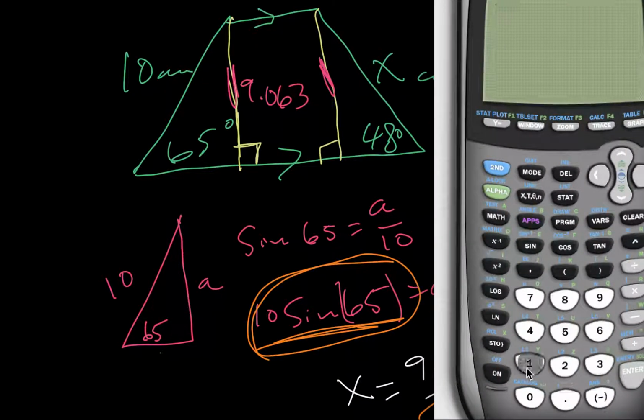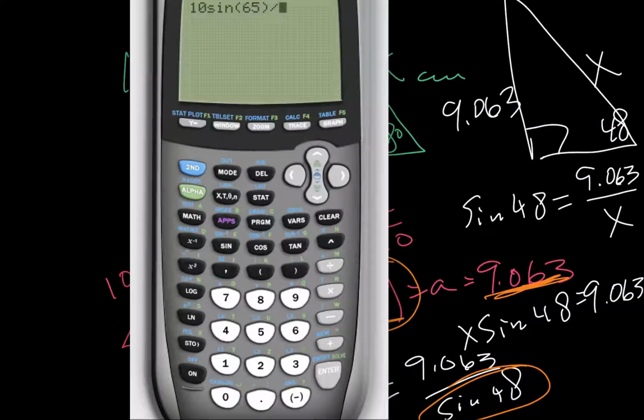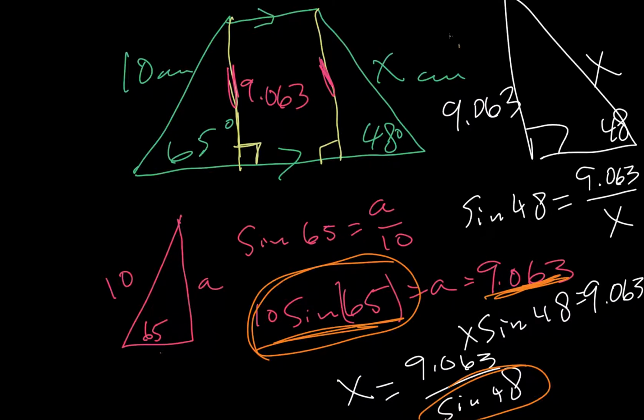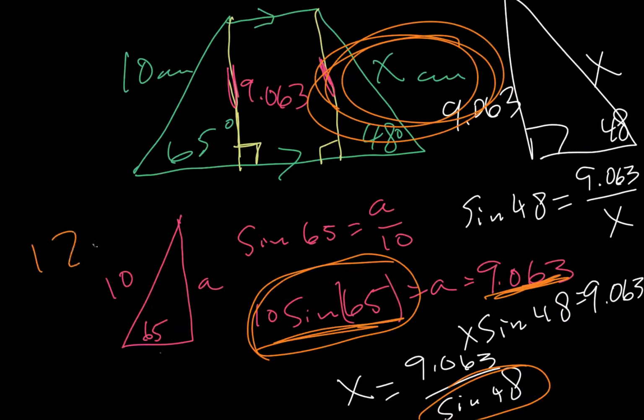So we're going to say 10 sine 65 divided by sine 48, and we end up with 12.2. So our x right here is 12.2 centimeters.